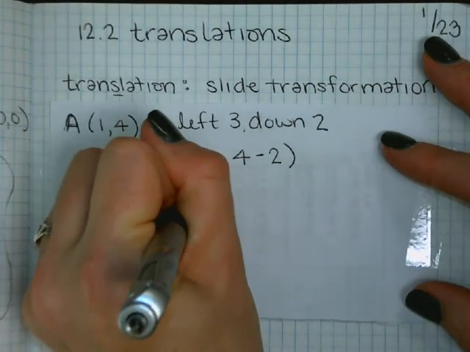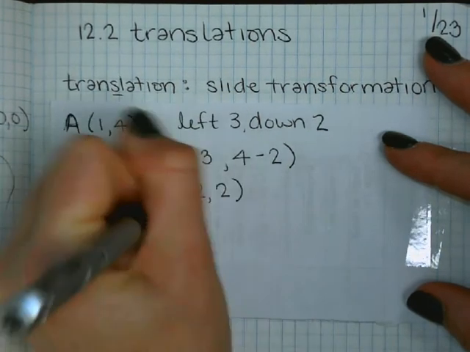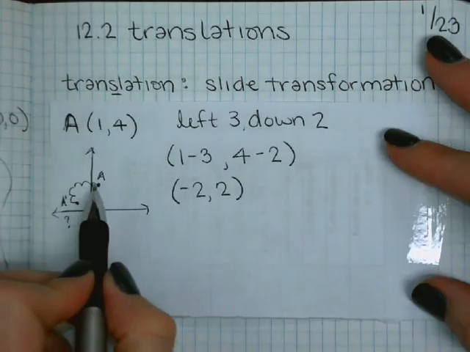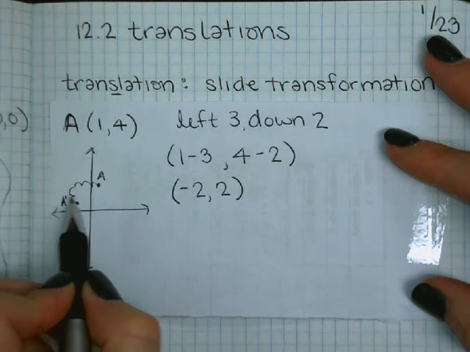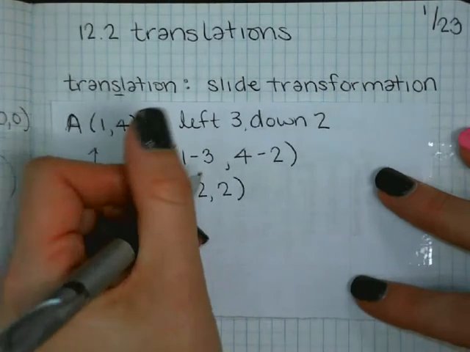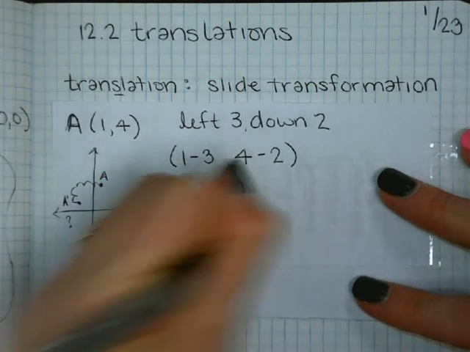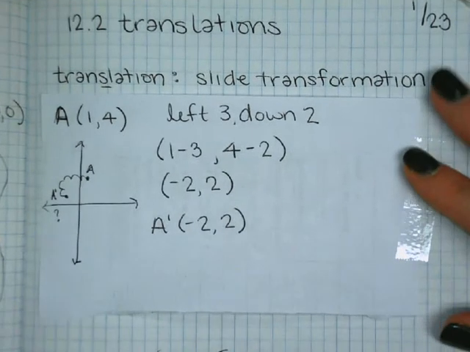So let's see, 1 minus 3 is negative 2, 4 minus 2 is 2. And if we had counted, we went 3, that's negative 2, and 2. So my new image, A prime, is at (-2, 2).